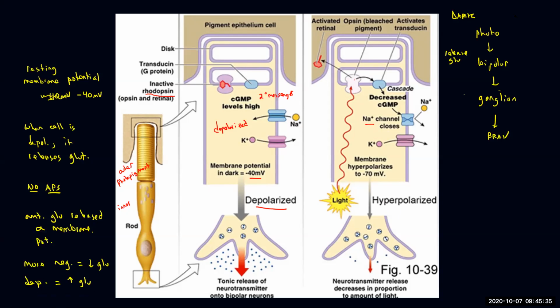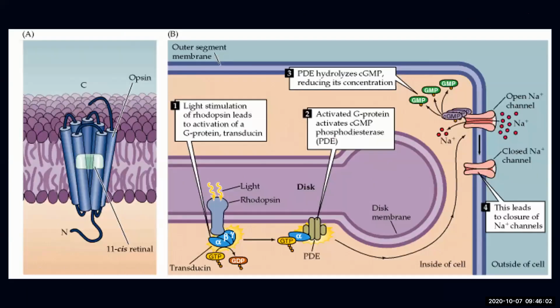So in the light, we actually get decreased glutamate being released here. I know that makes no sense, but that's the way it is. Counterintuitively, light reduces the amount of neurotransmitter released by the photoreceptors.